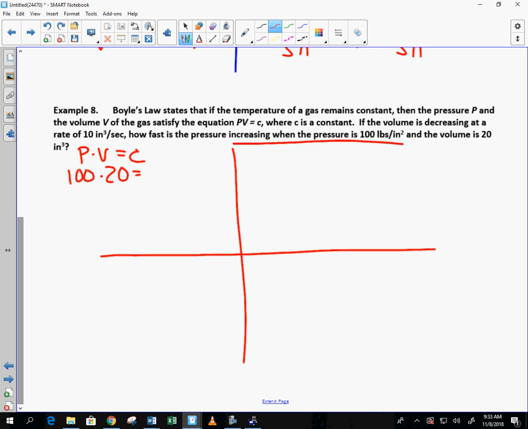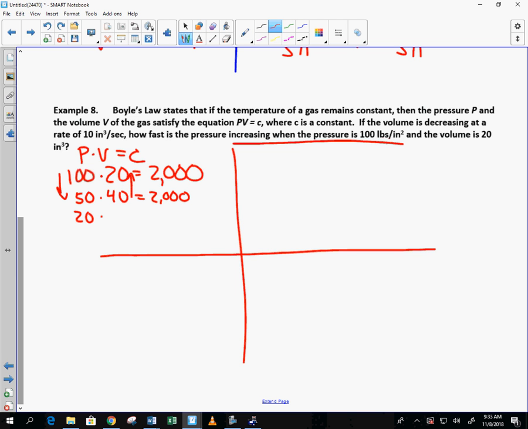20. That's equal to 2,000. So here's what's happening. As the pressure changes, suppose the pressure dropped to 50. Anybody know what the volume would go to? 40. See, as the pressure drops, the volume goes up. Suppose the pressure dropped to 20.